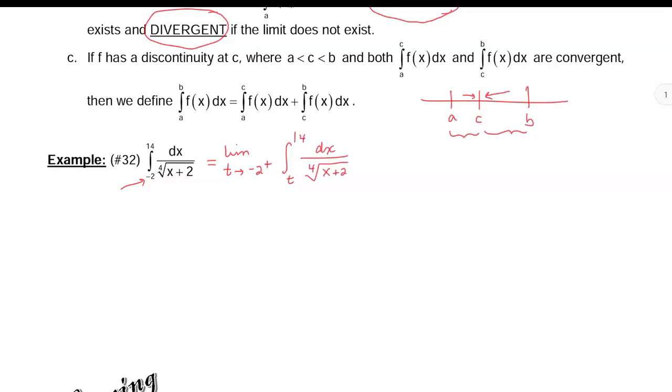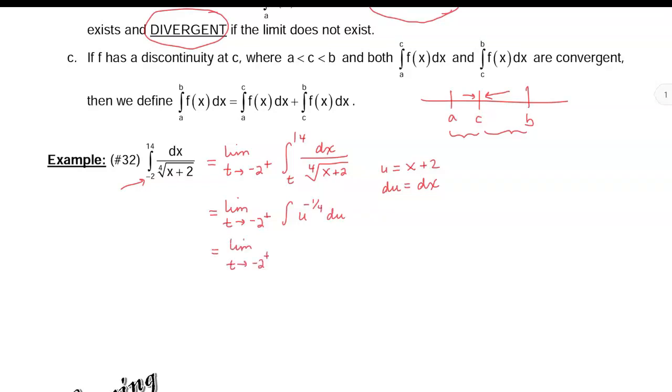I'm going to need a u substitution to do this one, so I'm going to let u equal x plus 2. That means du equals dx. Write that limit on every single line. Don't leave the limit out. The integrand will become u to the -1/4. I'm going to leave the limits of integration off until I get back to the x world.